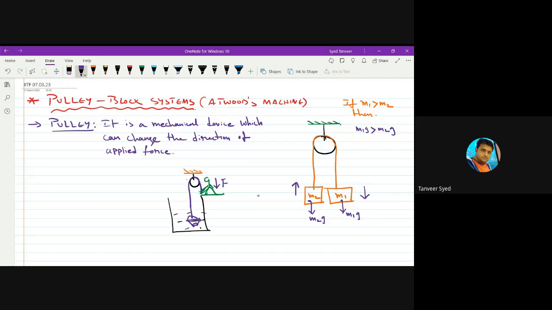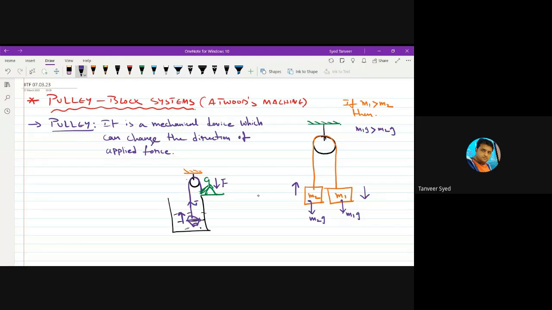Okay. What happens to this bucket load? It will come up, sir. It moves up. If it is moving up, some force must be acting on it, in the upward direction. What is that force? The tension force. The tension developed in the rope is pulling the bucket up.